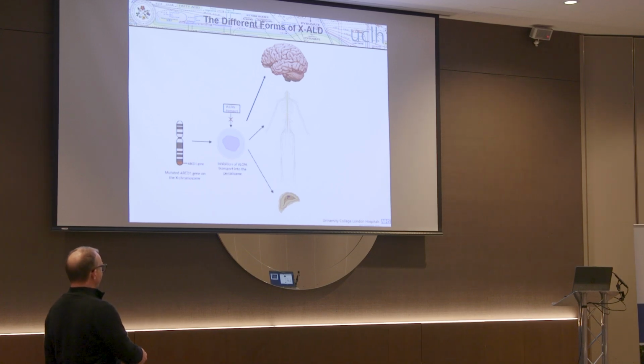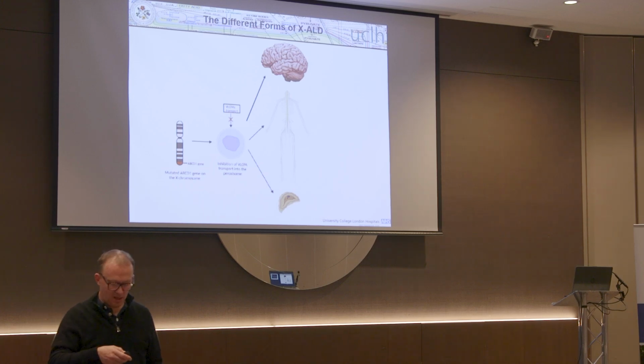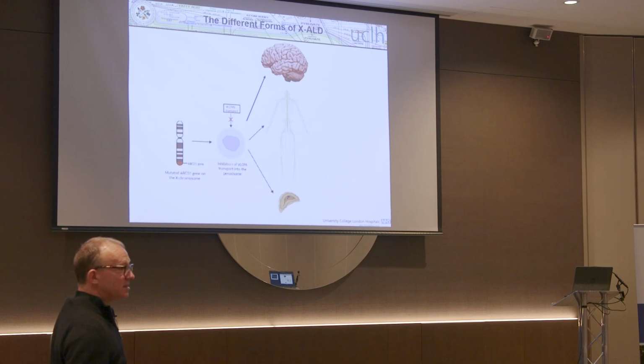So it can affect the adrenal glands, but it also affects the nervous system. The nervous system we can split up very crudely into the brain at the top, and the spinal cord, which goes down from the brain to the bottom of your spine. The brain is where a lot of the thinking goes on.